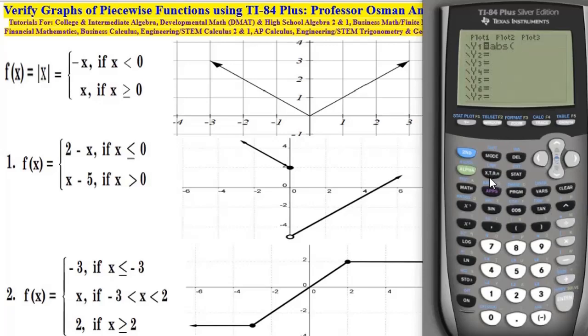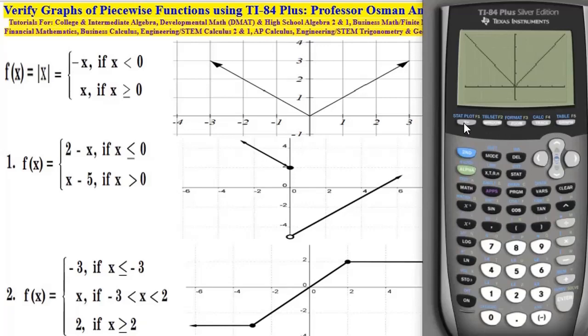Then simply put x, and we'll make the window x from -4 to 4, and the y value from -1 to 4. Then simply graph. Here is the absolute value of x.